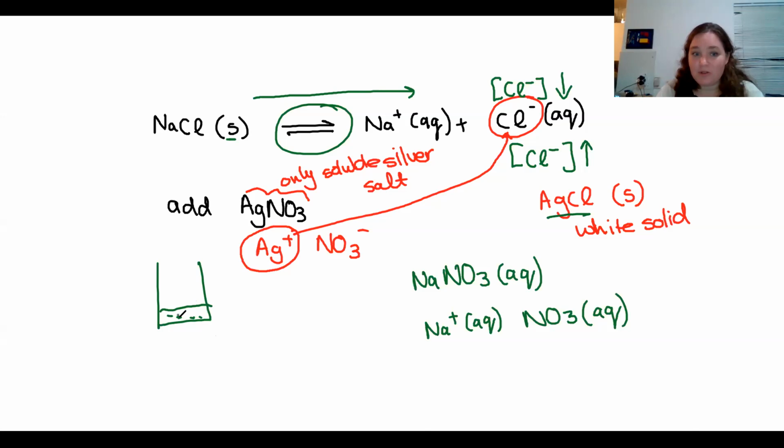Slowly but surely, some of those salt grains are dissolving and turning into Na+ and Cl-, and some of the ions are combining back together and forming the solid again. So they dissolve and then they precipitate, and then they dissolve and then they precipitate. There is an equilibrium set up here as well.